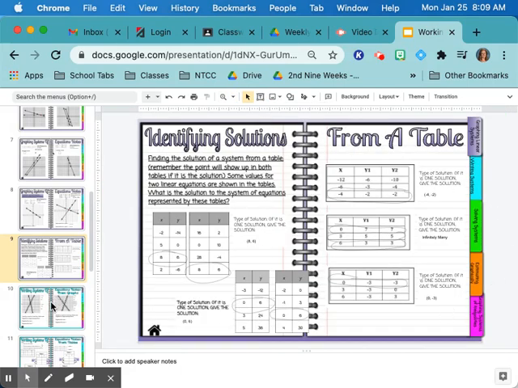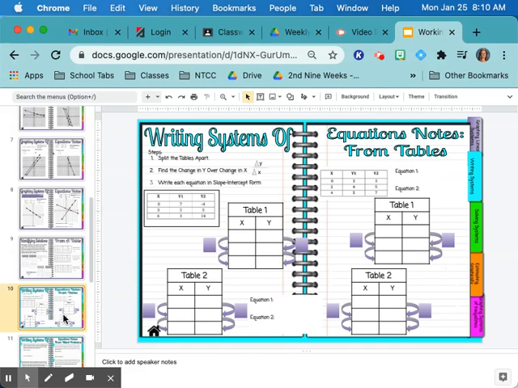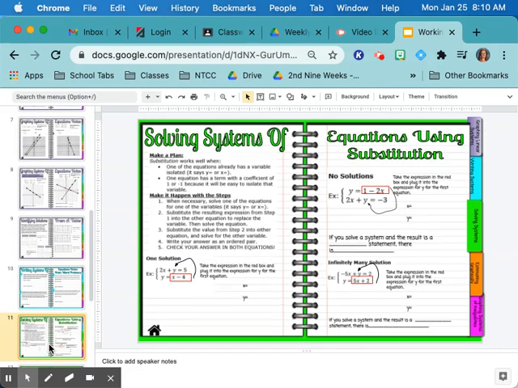Okay, let's move on to, we're going to delete this one. This is writing equations of lines. So just hit the delete button for that one. Writing systems of equation notes from tables, we're going to delete that one. We're going to wait on 10, and we're going to go to 11.